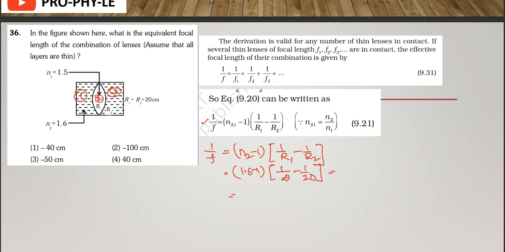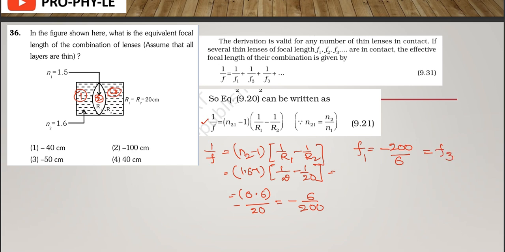So from this, 0.6 by 20 with a minus sign. From this, focal length will be equal to minus 200 by 6, because I can write the same as minus 6 by 200. So this is the focal length of the first plano-concave lens as well as f3 also.